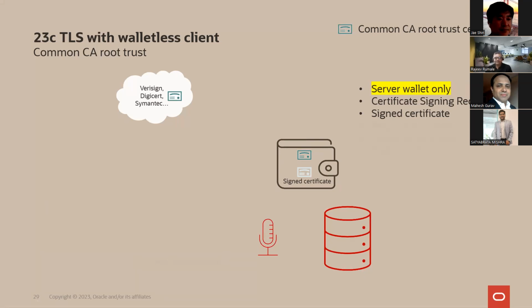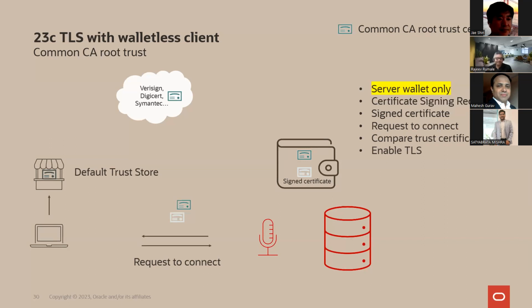Once this is there, when you have a client, we configure the wallet on the client side. The wallet will have a trust store where we have the information to identify the server, and in the same way the server will be able to recognize the client by exchanging the certificates.